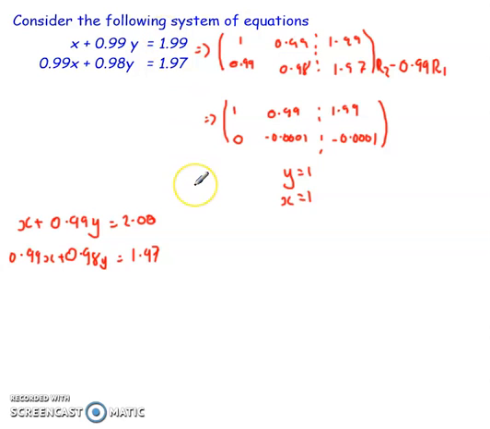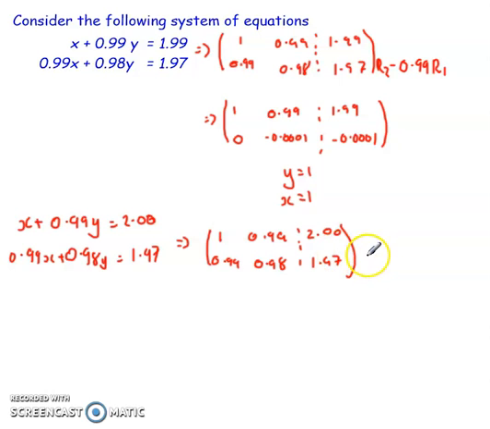Now what I'm going to do is solve it the exact same way. So I'm going to start by taking it and putting it into an augmented matrix. So that augmented matrix looks like 1, 0.99, 2.00, 0.99, 0.98, and 1.97. And I'm going to try and solve it the exact same way.